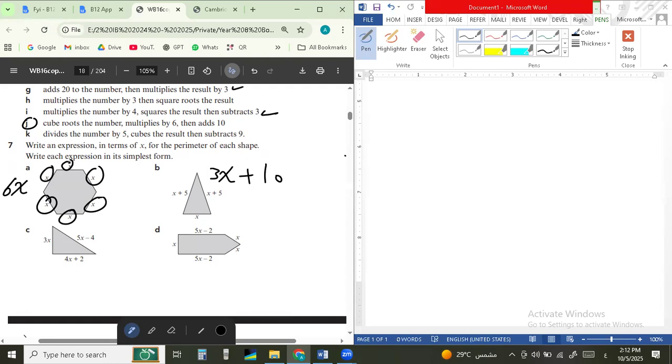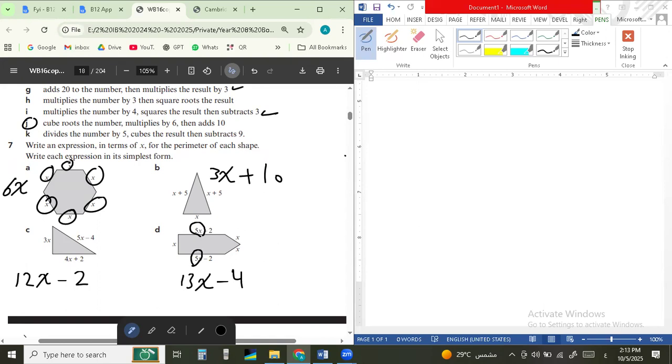Next, 3x and 5x and 4x is going to give you exactly 12x. Negative 4 plus 2, negative 2. x plus x plus x, 3x, plus 5x here, 5x there, then 10x and 3x, we said 13x. Minus 2, negative 4. So 13x minus 4.